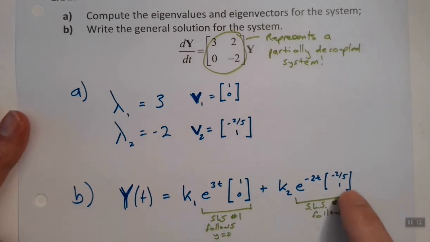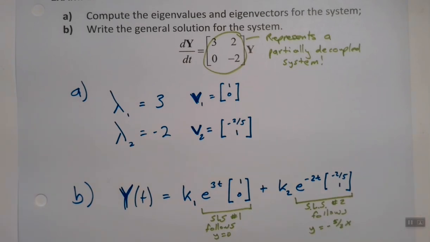If you plug in 1 for y, out comes negative 2/5 x, or another way of saying it is if you plug in 1 for x, out pops negative 5/2. So you can tell the direction that these two straight line solutions are going just by looking at it.